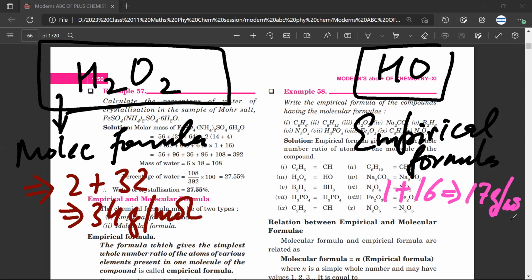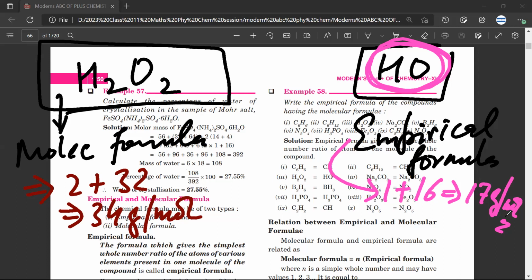Now say for example, I am able to derive the empirical formula as HO of a certain compound, with the information provided. And then I see that as per the empirical formula, the mass is 17 gram per mole.